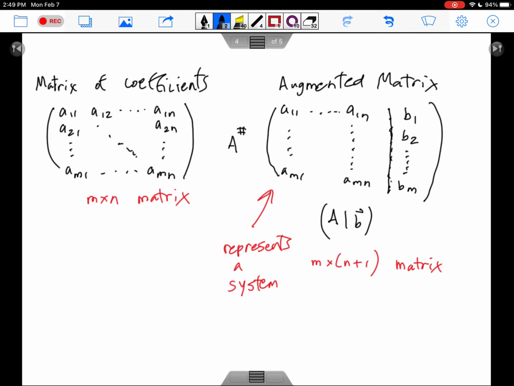Let me go ahead and write down the symbol that we use, okay? So if the original matrix was A, then you can call this guy the augmented A, but I call it A sharp, just because of the little pound symbol up there, I'm a music guy. So I think calling it A sharp is just an easy way to say it. A sharp would be the matrix A along with the B's attached to it.